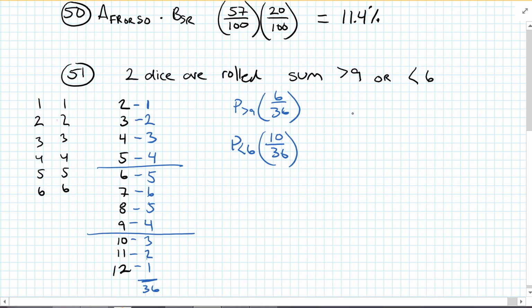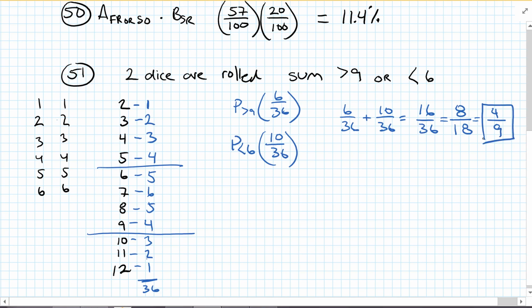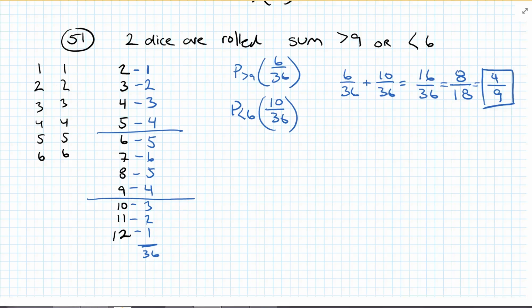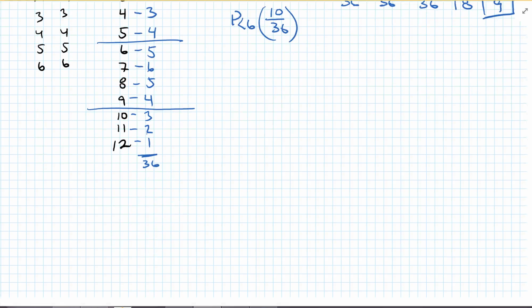So you just add them together. 6 over 36 plus 10 over 36 is equal to 16 over 36. You can factor out a 2. That's going to be 8 over 18. So I can factor out another 2. Should be 4 over 9. So the probability is 4 over 9.